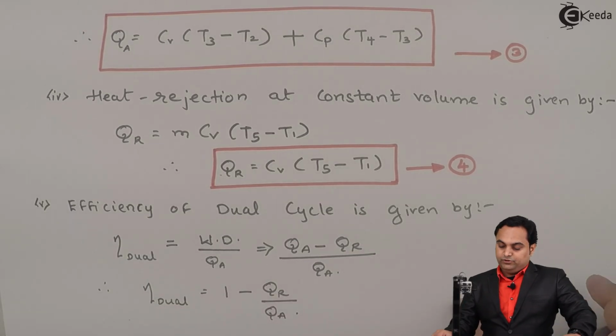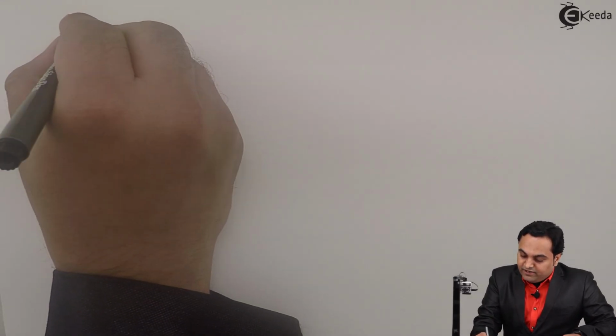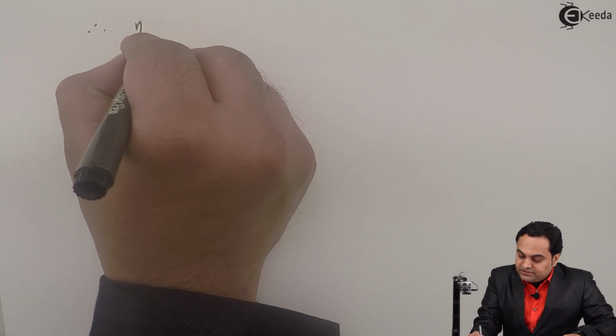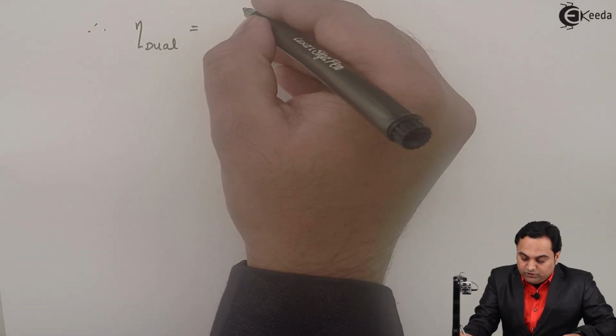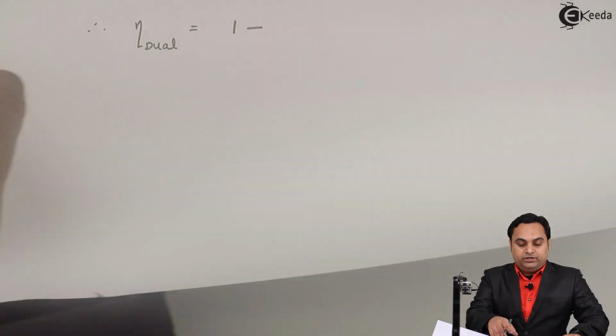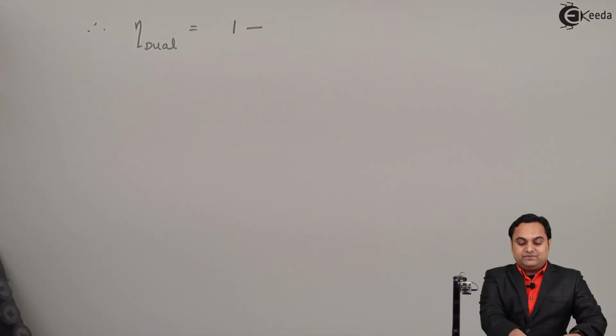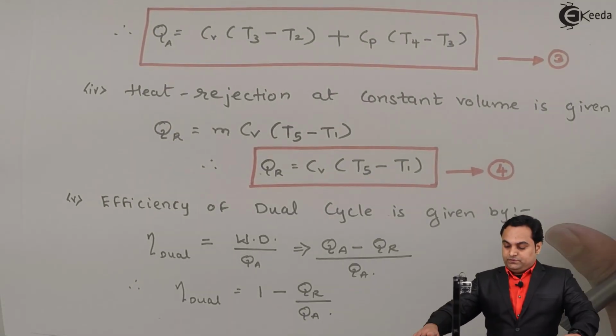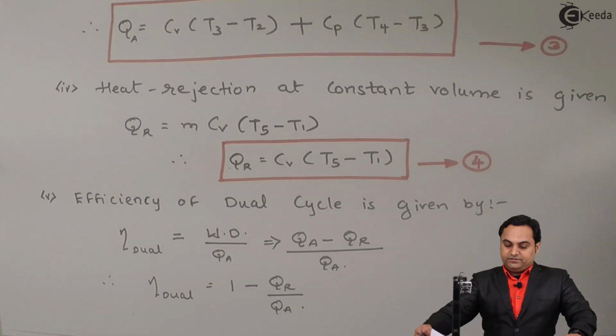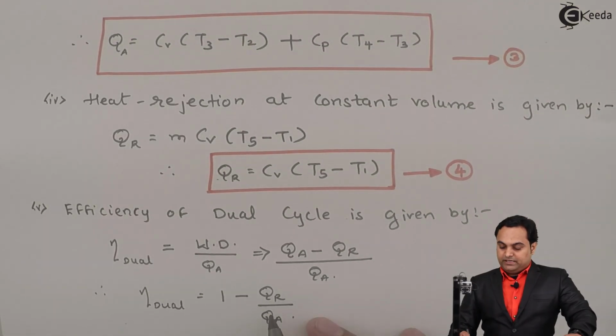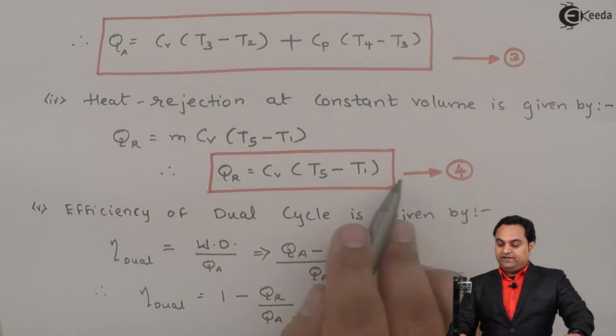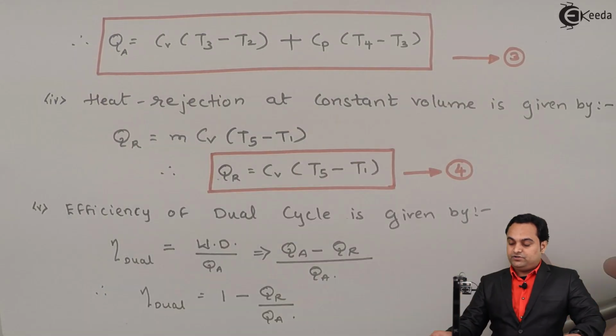Next I am going to put the values. Efficiency of dual cycle will be equal to 1 minus QR upon QA. The QR value we have in equation 4, and QA is there in equation 3.